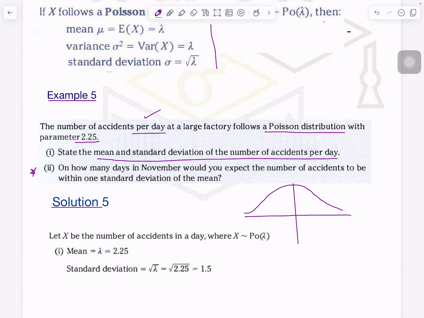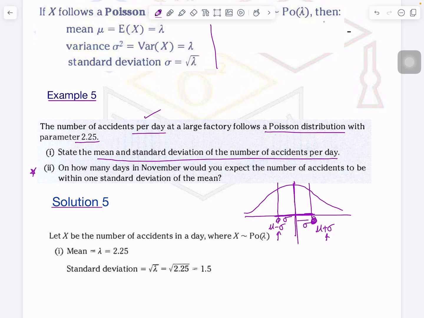So this is your mean, right? When I say within 1 standard deviation, suppose 1 standard deviation is here and it is here. So whatever these values are here, boundary of this will be mu plus and this will be mu minus. So whatever these answers will come within this, how many number of days the accident happened.